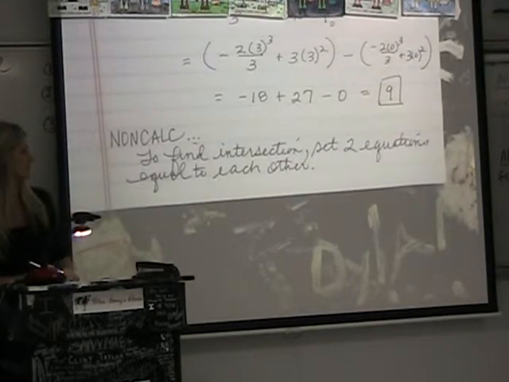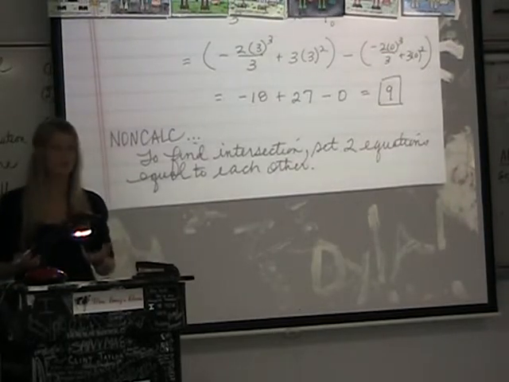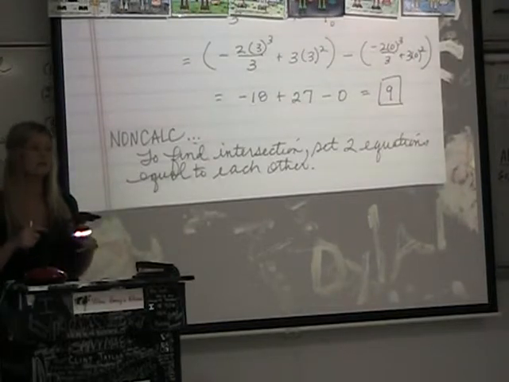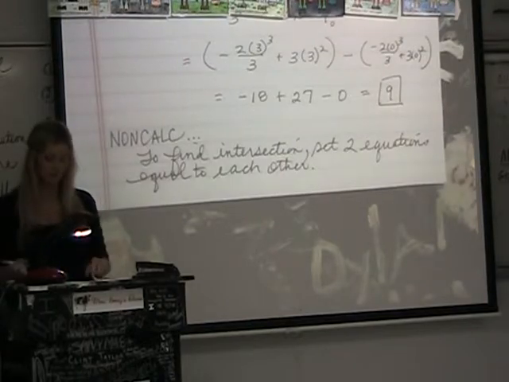To find the intersection points, you set the two equations equal to each other, and that will give you the x values. If you set those two equations equal to each other and solve for x, it'll give you two answers. It's a quadratic. It'll give you 0 and 3.